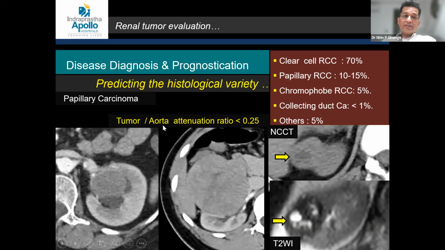While if the tumor to aorta attenuation ratio is less than 0.25, meaning the tumor is hypoenhancing, then it can be labeled as a non-clear cell variety of RCC. So depending upon the degree of enhancement and the tumor versus aortic enhancement ratio, we are in a position to diagnose clear cell from non-clear cell variety.